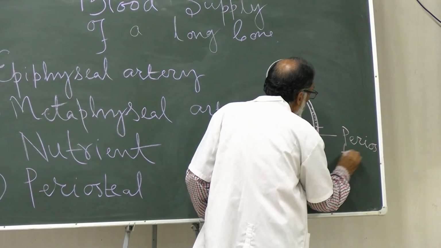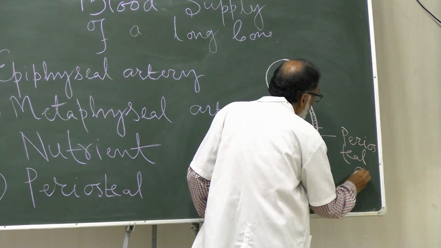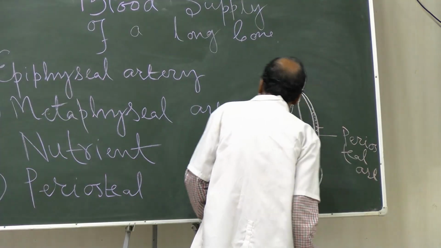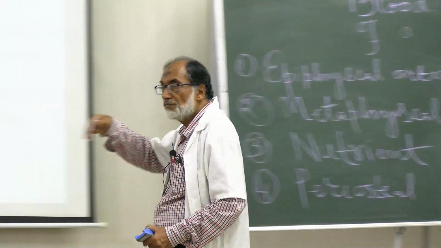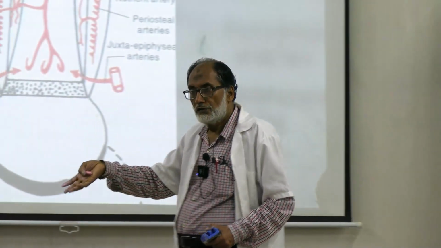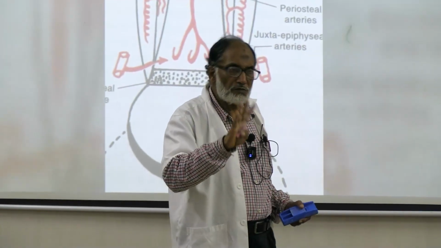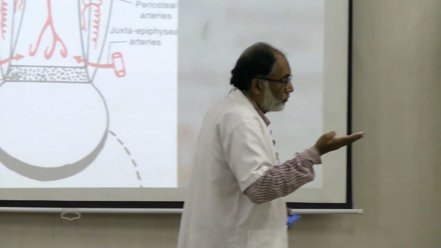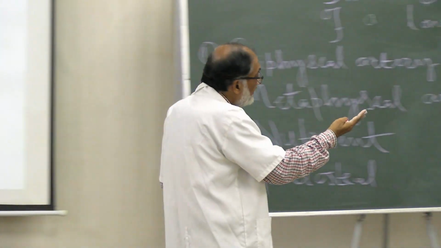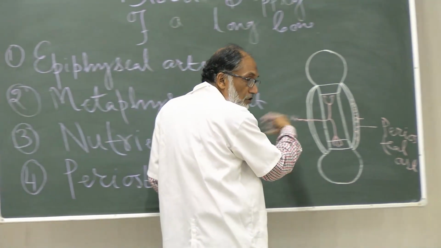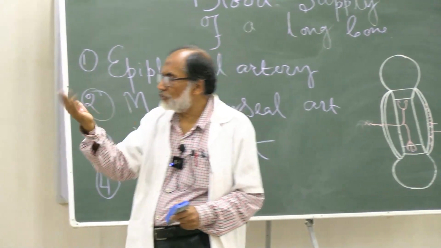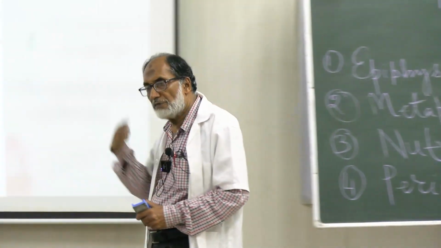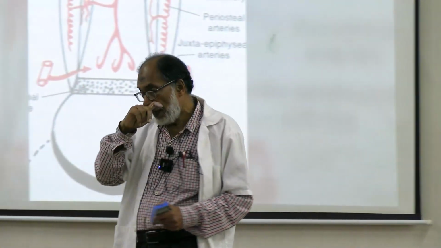Periosteal arteries are actually branches of the muscular artery. What does it supply? It supplies the outer third of the shaft. The outer third of the shaft is supplied by the periosteal arteries.